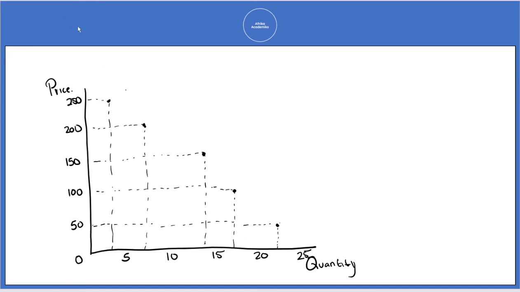Okay, so when you connect those lines, you will have your demand curve. Okay, so you'll just name this to say this is my demand curve.